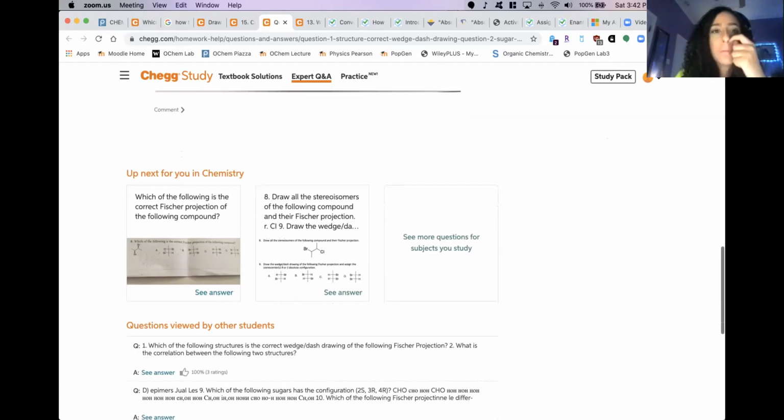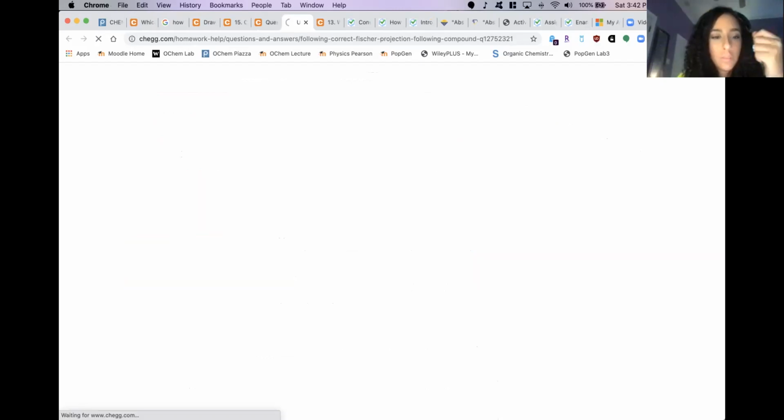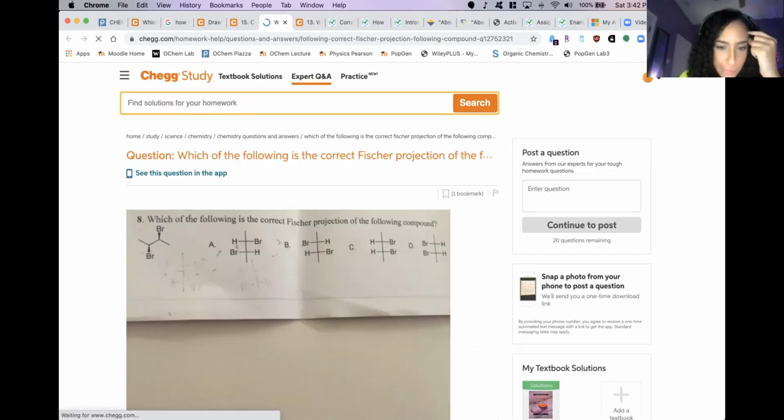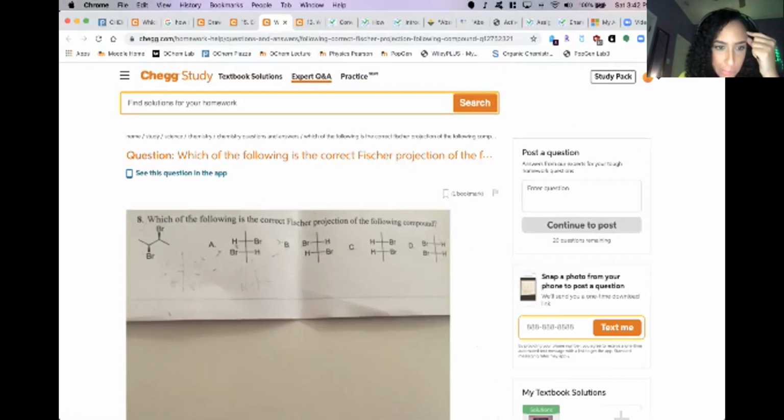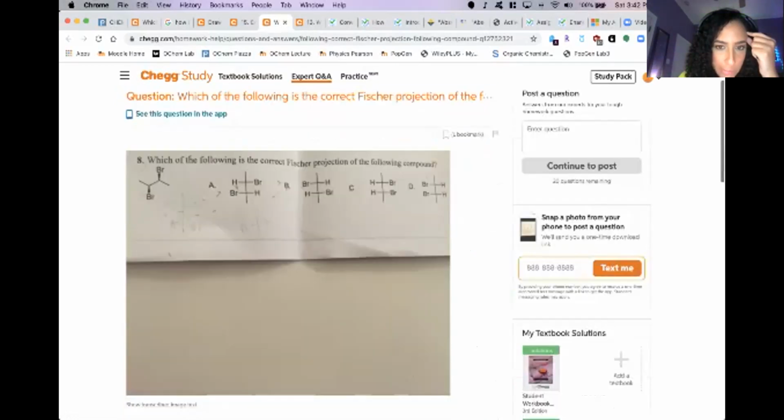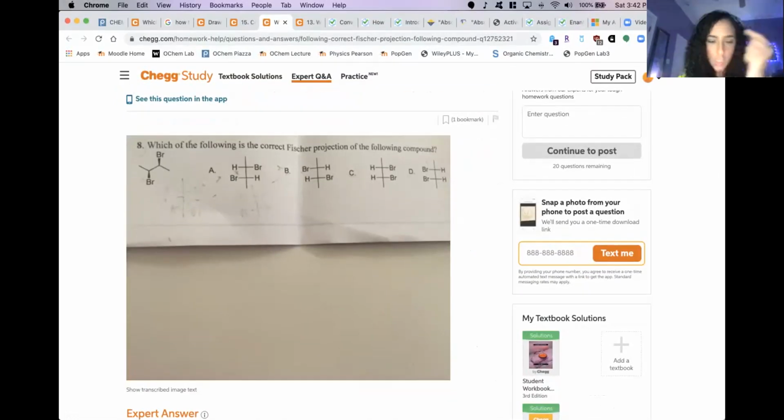See, this one looks simple. Following Fischer projection. Okay, so the horizontal comes up on the page, right? The horizontals are wedges.